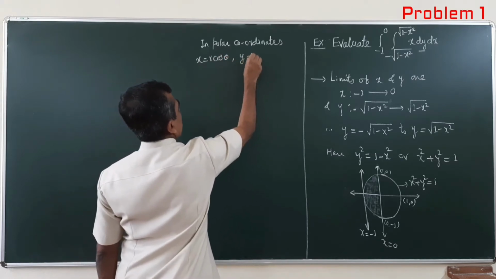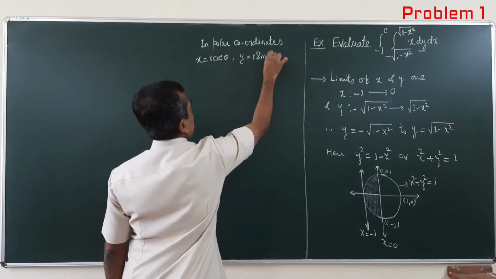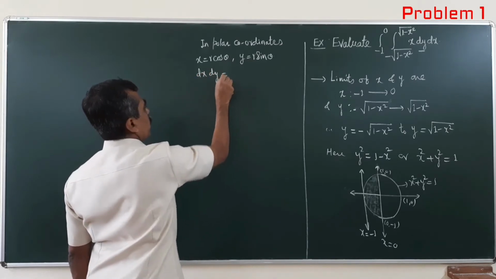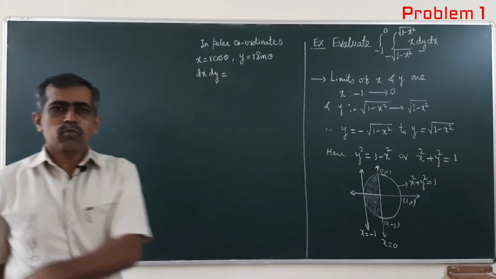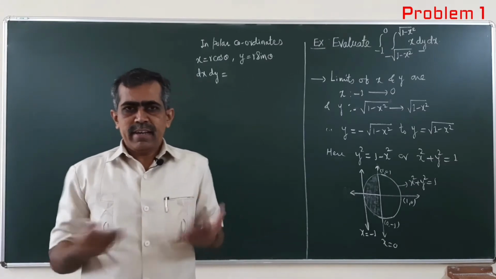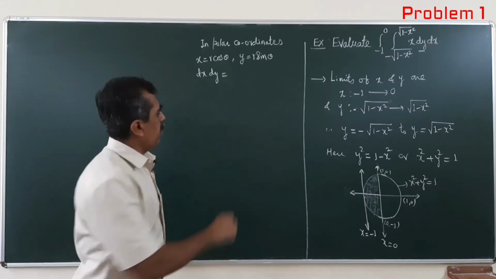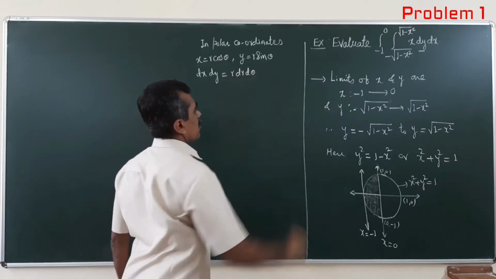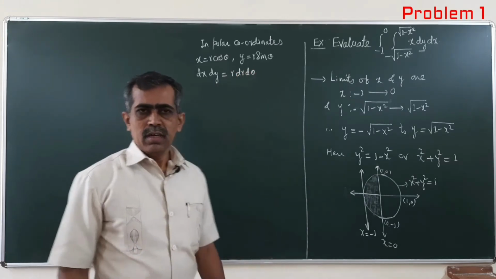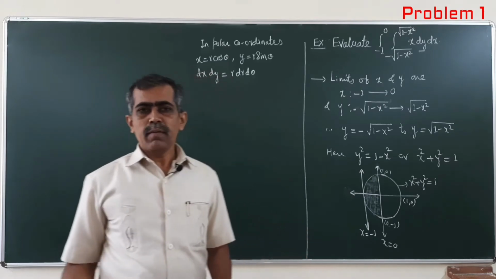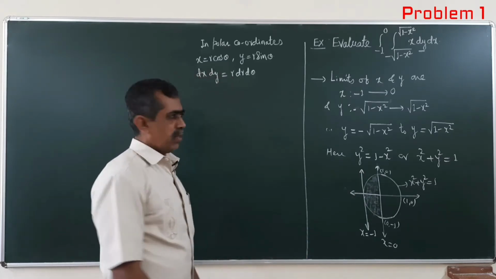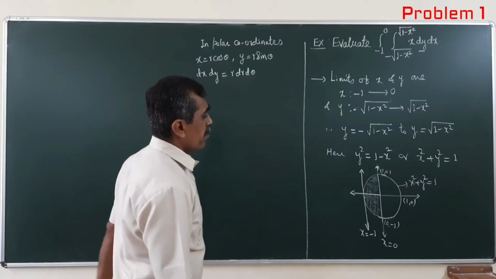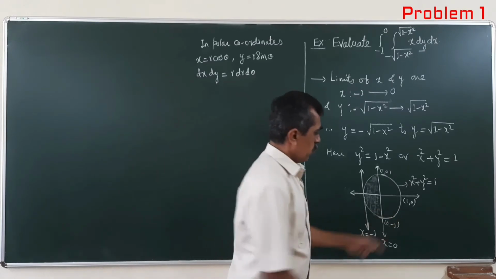What is y? y is r sin theta. And what about dx dy? In the change of variable formula, when we go from xy to r theta, dx dy is r dr d theta. You might have seen this in the change of variable formula in double integrals during your theory part. So now see, what are the limits of r? This circle, what is this circle?